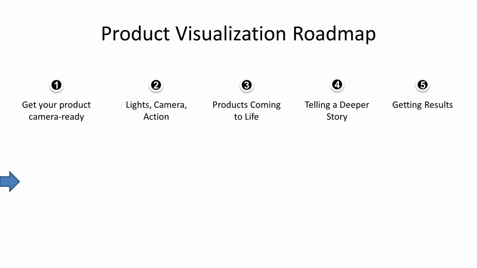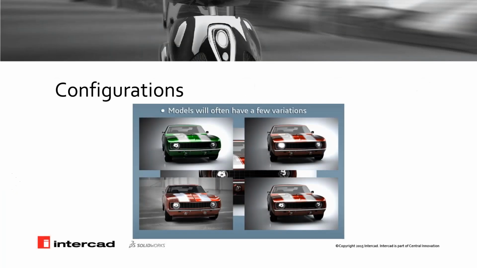So let's begin. So here's our story, our roadmap. We're going to start by getting our product ready for creating our photo renders. I'm also interested in looking at some variations. So often we'll have variations in color, maybe some have a different spoiler design, maybe have the fog lights on or off, different shininess, reflectiveness, roughness.